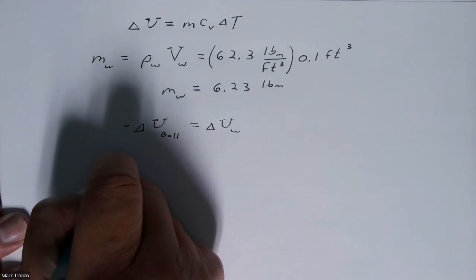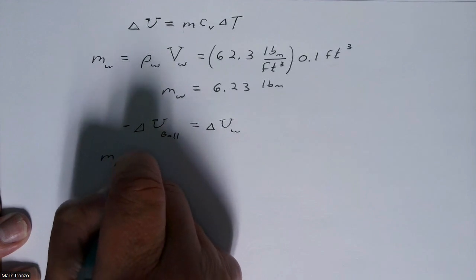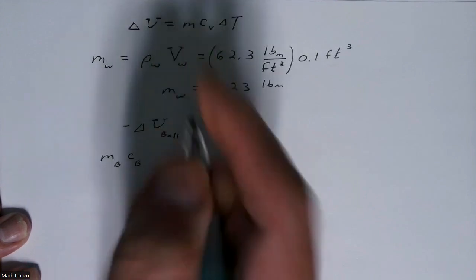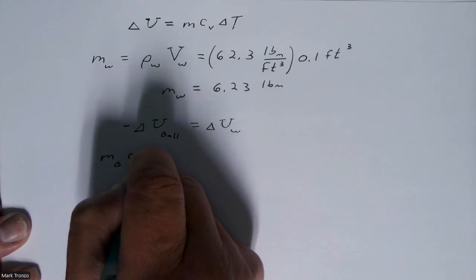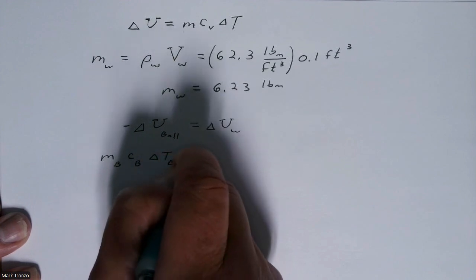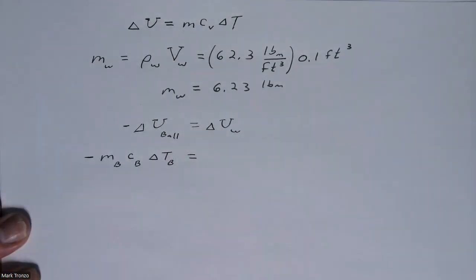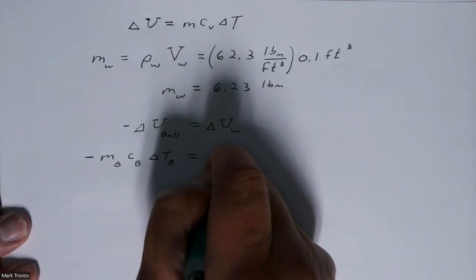We call that ball, and I'm going to just put C of the ball, as we said, the specific heat, CV and CP are the same, and delta T of the ball. And whatever it gives up, we'll put a negative there. The water is going to gain.